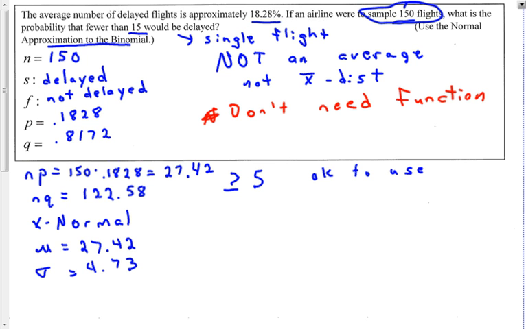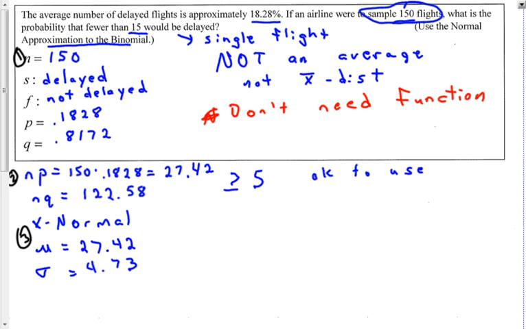So we've set up the initial parts. As you're looking at it, this would be step 1 to begin with. Step 2 would be making sure it's okay to use. And then step 3 would be identifying the mean and standard deviation of that normal distribution.